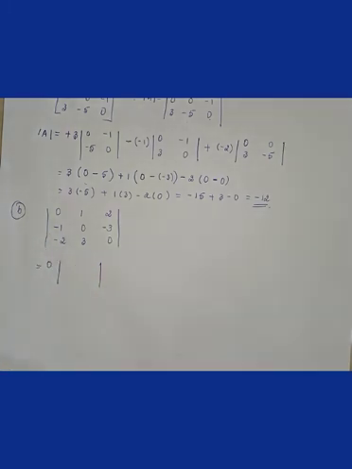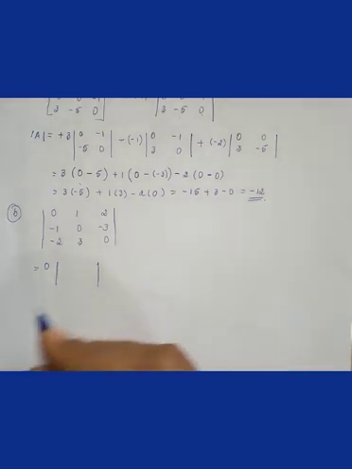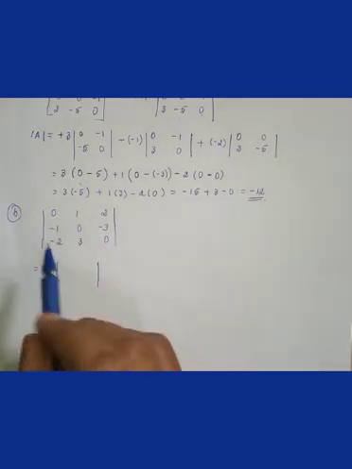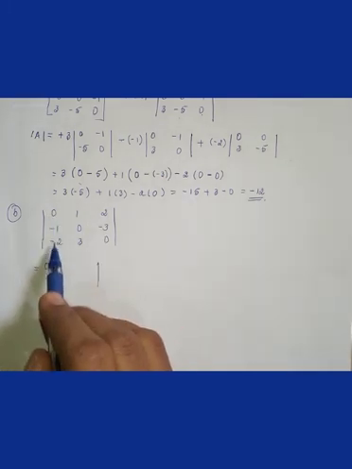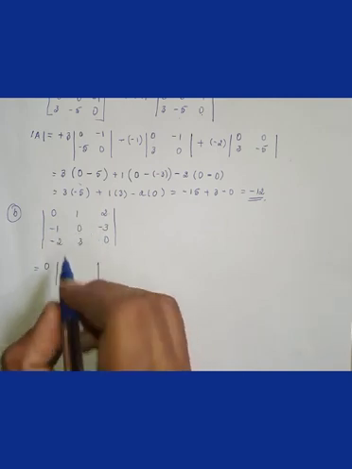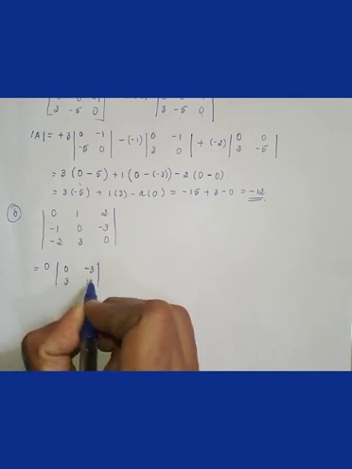Actually no need to find the determinant here because any number multiplied by 0 is 0. But here we are studying, so for that reason I am writing it here. Delete the first row, first column in which 0 lies, then you will get a determinant: 0, minus 3, 3, 0.